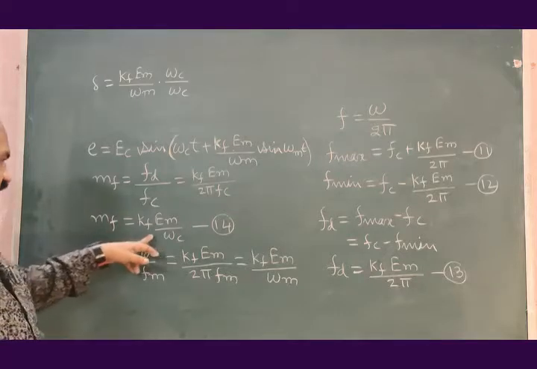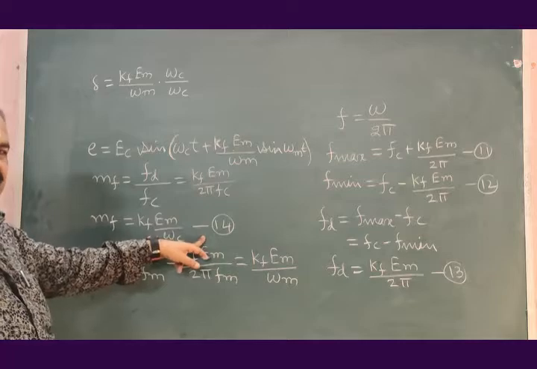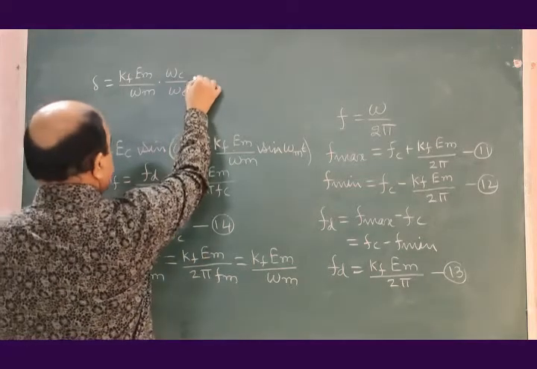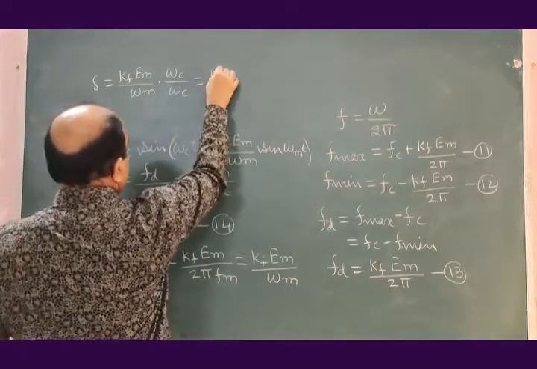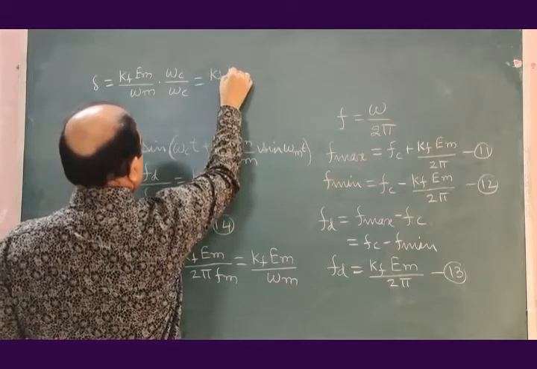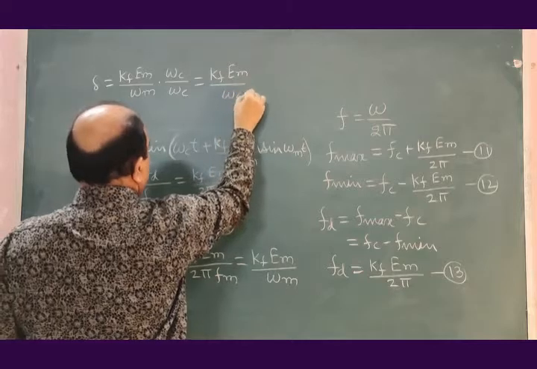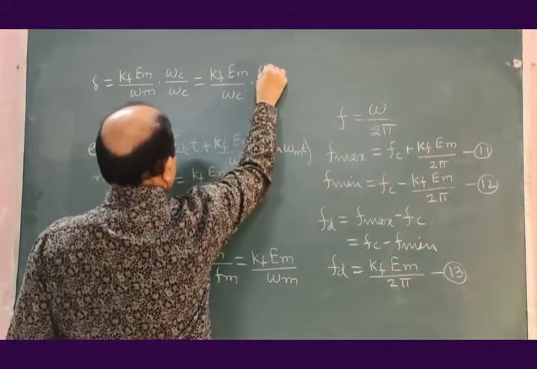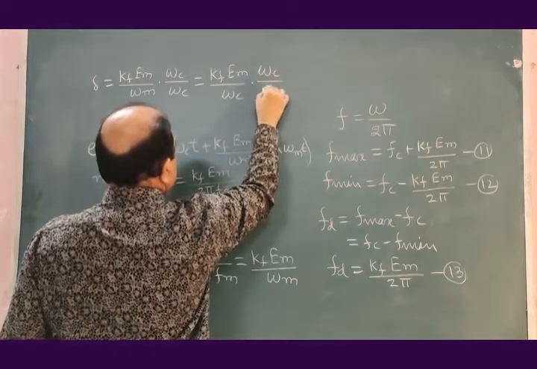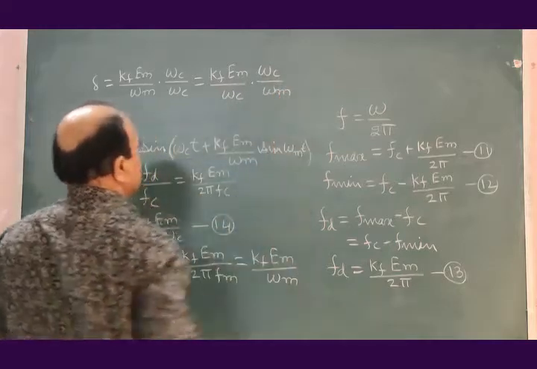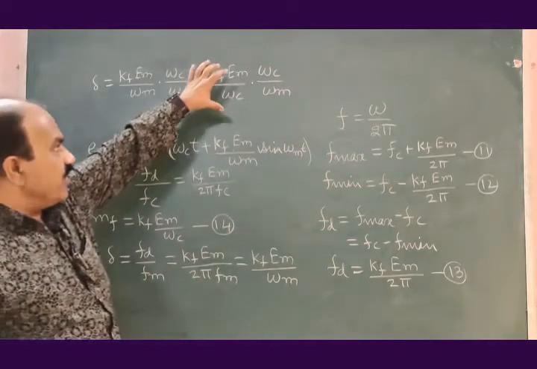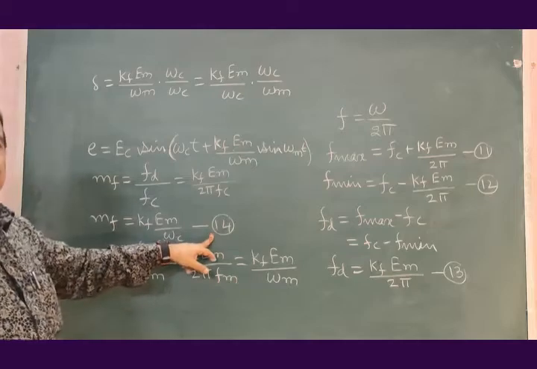What is the value of mf from equation 14? Let us arrange this equation that way. Kf into em divided by omega c into omega c divided by omega m. What is this factor according to equation 14?